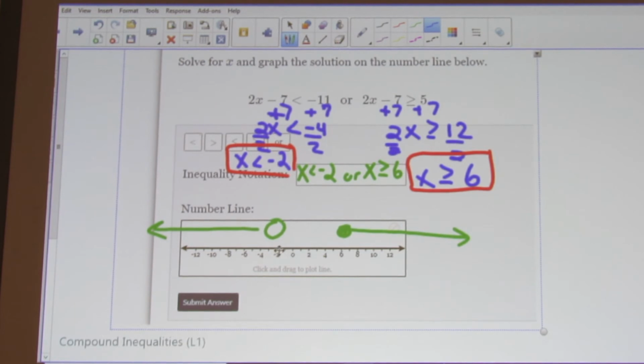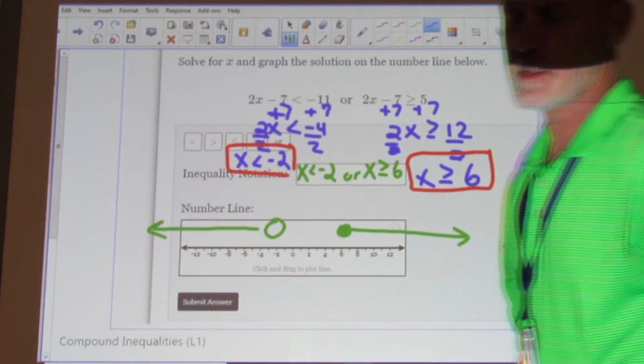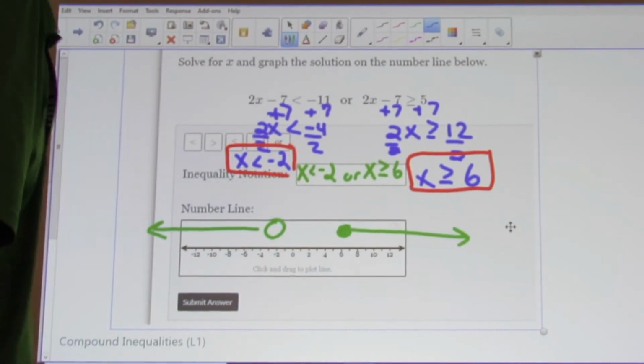Then I would click on that to make it an open circle on negative 2. So it would be all the numbers, or all the values, that are less than negative 2. And then on the other one, I added 7 to both sides, divided, got x is greater than or equal to 6. So I just clicked on there, pulled that line, had two separate rays, I guess, and my final answers.